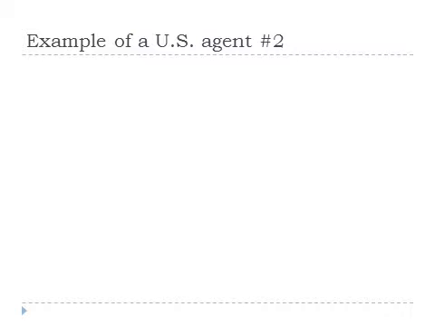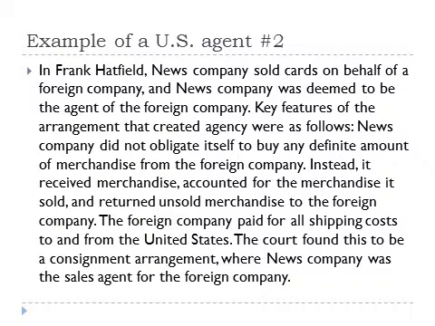Here's another example. In Frank Hatfield, News Company sold cards on behalf of a foreign company, and News Company was deemed to be the agent of the foreign company. Key features of the arrangement that created agency were as follows. News Company did not obligate itself to buy any definite number or amount of merchandise from the foreign company.